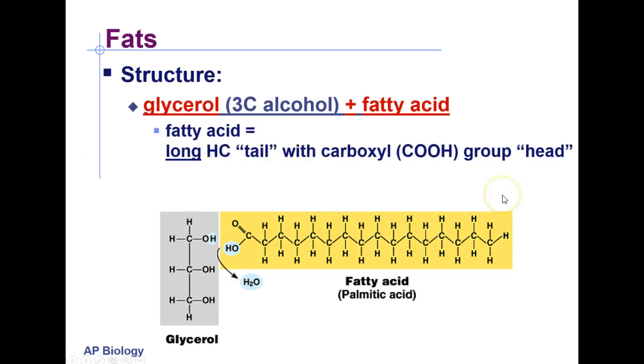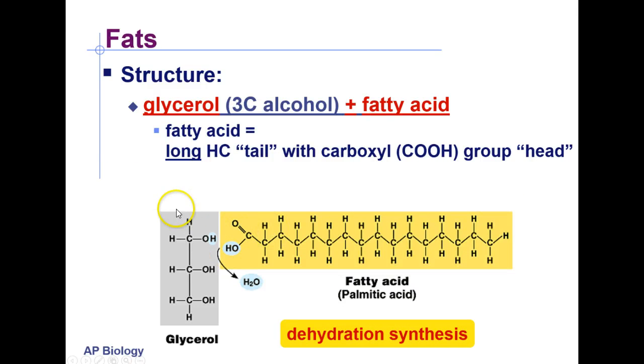Alright, so what makes up a fat? Well, we have this area right here. It's a 3-carbon molecule called glycerol. On the side where we have OHs, this is where we can join the other part called a fatty acid chain.